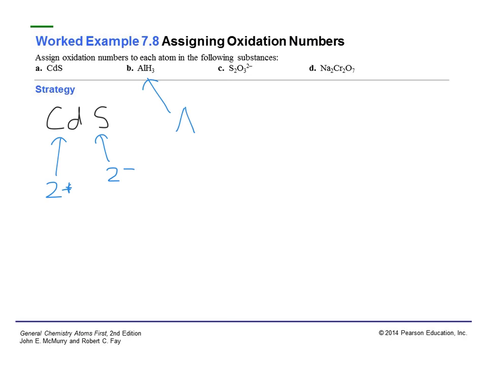Now we come to AlH3. We look at this compound, and the first thing that jumps to mind is our rule about hydrogen that says hydrogen's positive 1. And we're getting ready to call hydrogen positive 1, and then it hits us from out of the blue that hydrogen here is in the second position, next to a metal.